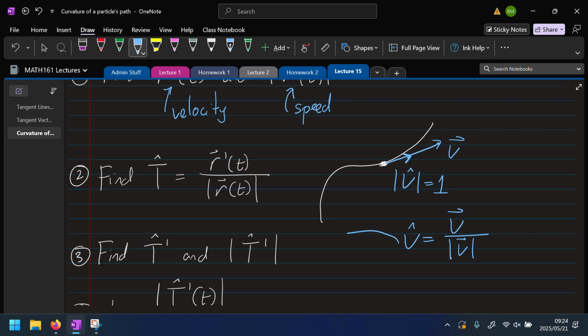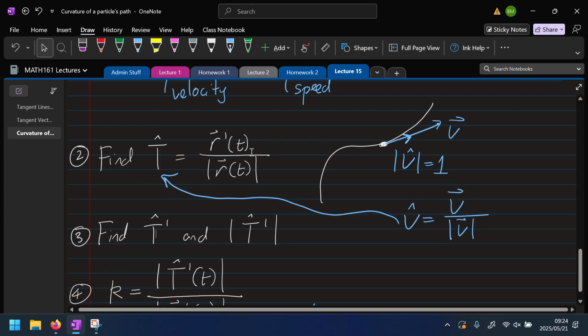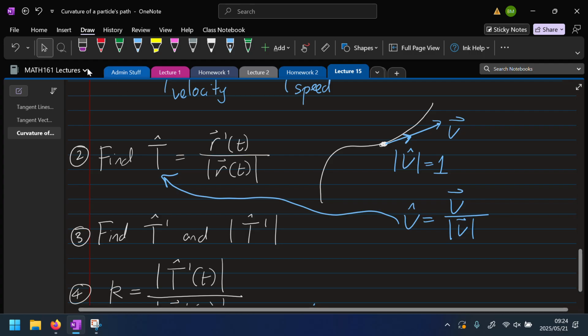Okay, that is this T hat here. And again, the little hat there just means length 1. Okay, any other questions? You're good. Okay, let's have a look at an example.